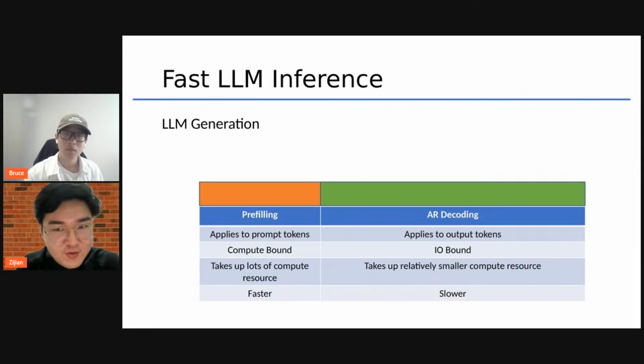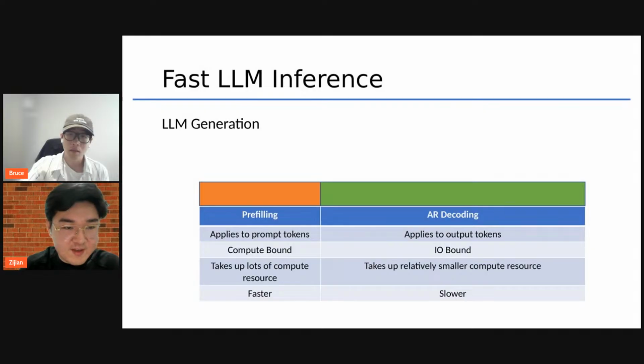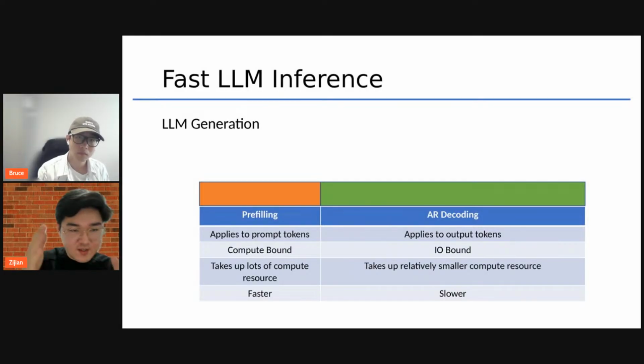For example, if you're using a cloud API, the input tokens are usually just $3 per million tokens, whereas the output tokens can cost up to $15. And I think the major reason is because the output token generation is I/O bound, and it's very costly if the LLM has to wait to generate tokens one by one. That actually is more costly to the company as compared to the prefilling stage, where you can just compute all your tokens in parallel all at once.